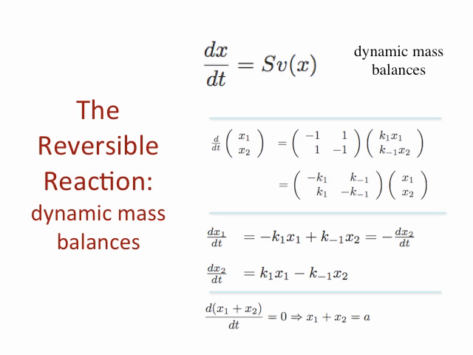And in fact, if I sum up the two equations and I take the derivative of x1 plus x2, that will be 0. So when a derivative of a quantity is 0, it means that that quantity is a constant. So this is simply a statement of the fact that x1 plus x2 is a constant, denoted by the letter A in this slide.